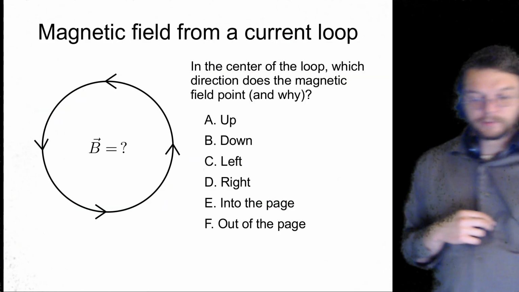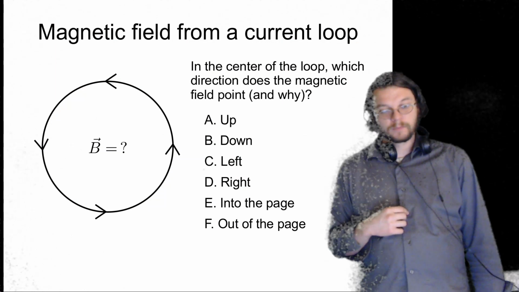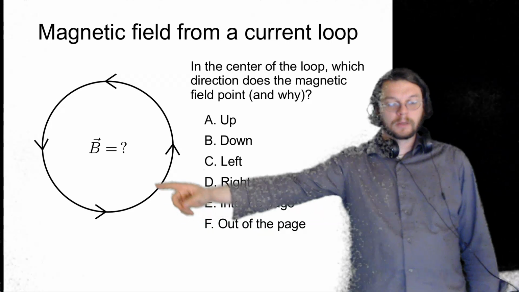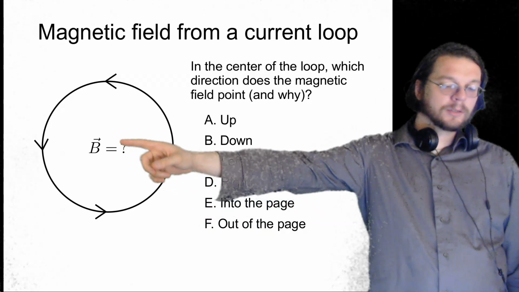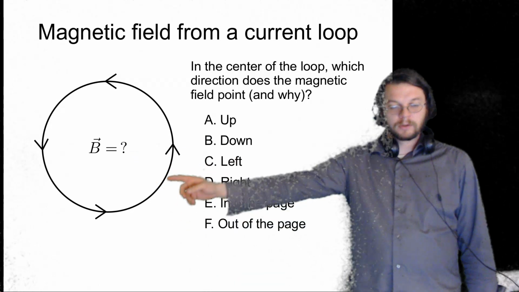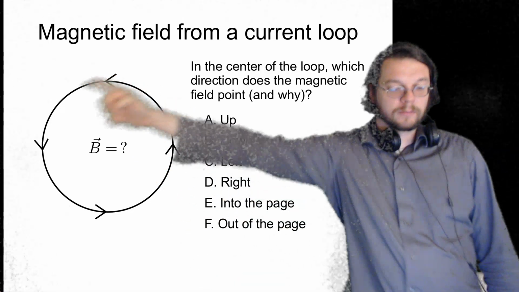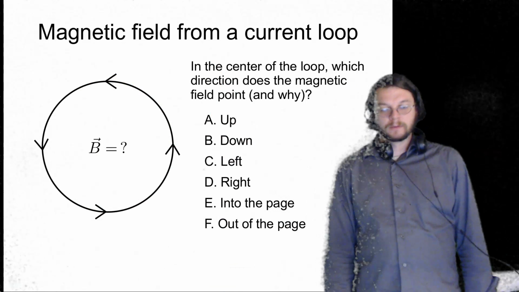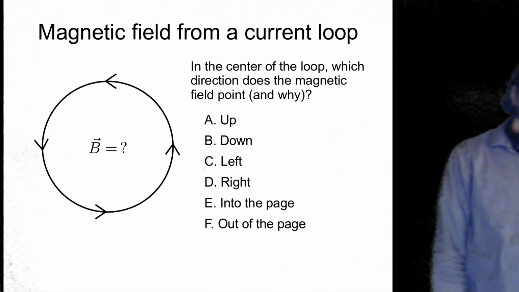Okay, so before we get into that, if there is a loop of current like this, what direction is the magnetic field in the center of that loop of current? Assuming that the current is going around this way, counterclockwise. Okay, so take a minute to think about that.